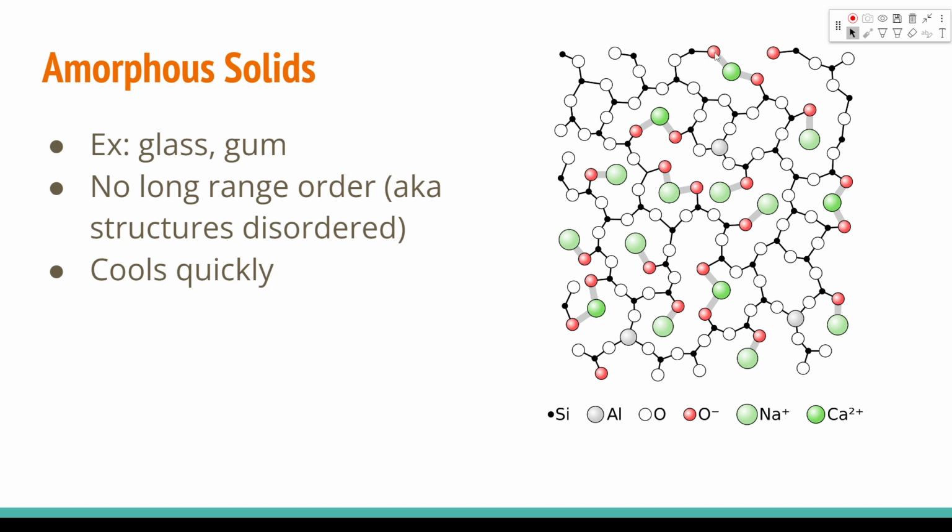Then you also have charged atoms, like this oxygen here, and it interacts with either calcium or sodium ions, so you have some ionic interactions. It depends on how close they are. And then you've got covalent bonds too. But look, they're not in any particular order. They're very randomized, so they're just disordered. And they cool really quickly. That's just a random property to know. So there we go.